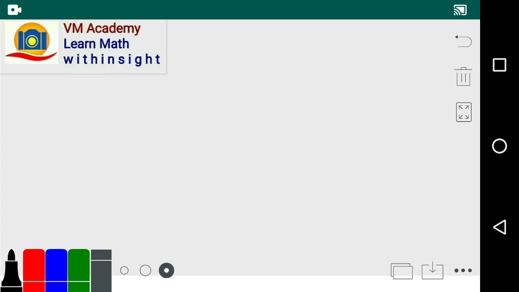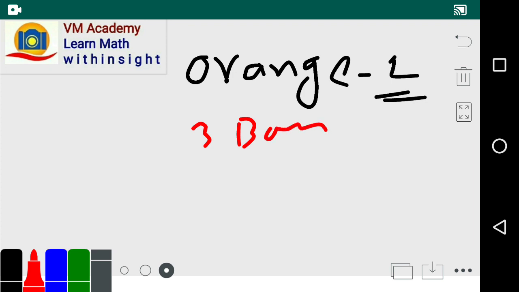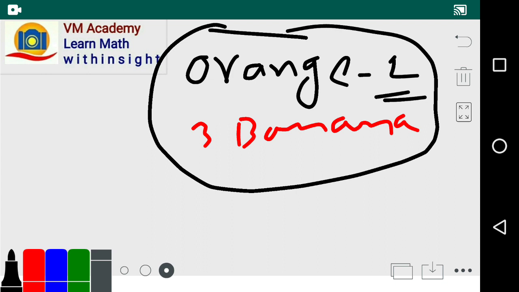If 2 oranges and 3 bananas cost 10 rupees, then how many integral values can be the price of oranges and bananas? 2 oranges and 3 bananas, friends. The total cost is 10 rupees, friends.